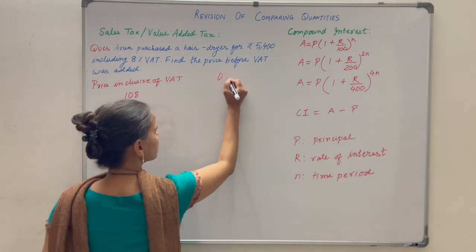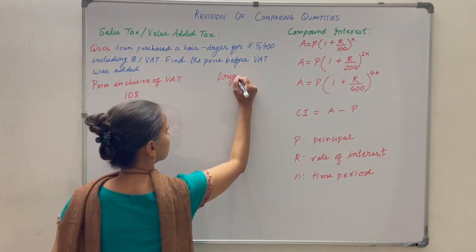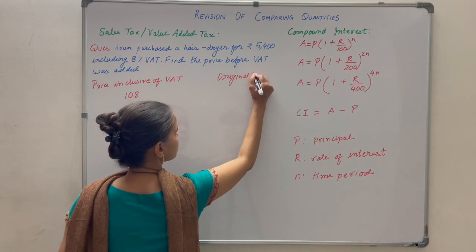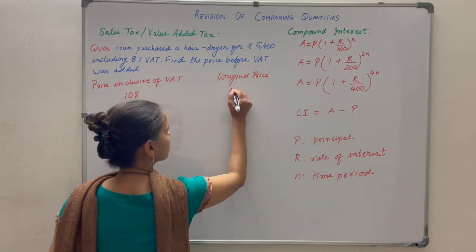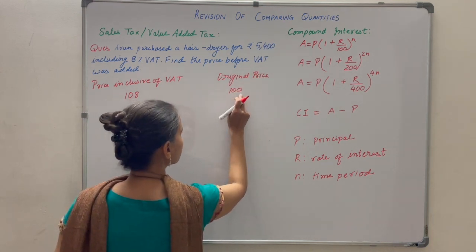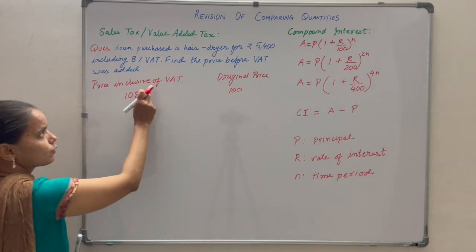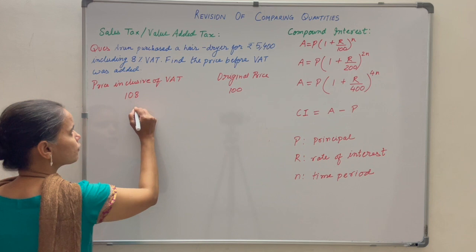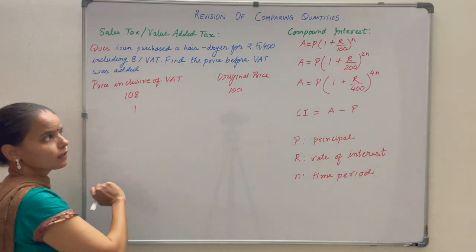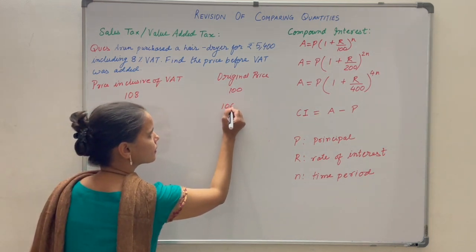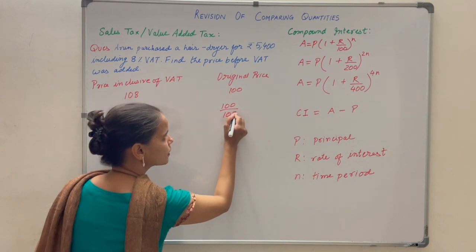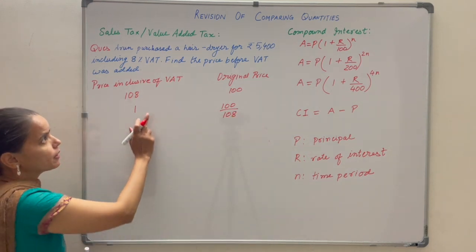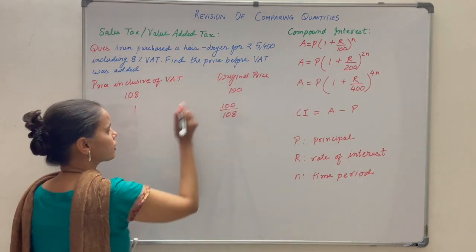And original price is 100. Original price is 100, VAT is 8. So price inclusive of VAT is 108. So when the price inclusive of VAT is 108 rupees, then the original price is 100. Unitary method.